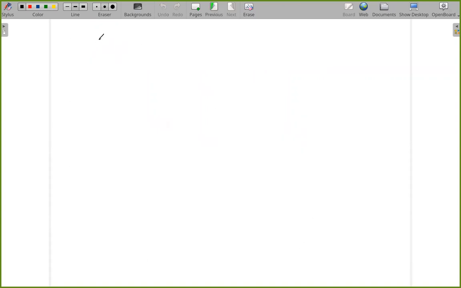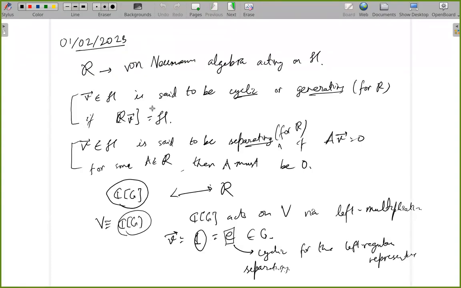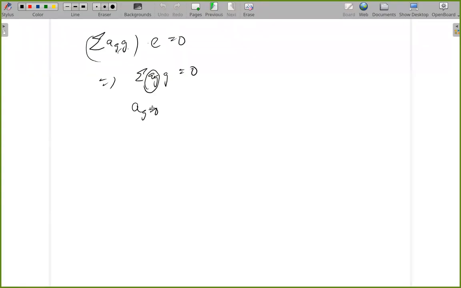If AV is 0, that means you have a summation of a_g times g equal to 0, right? So it is literally saying that g multiplied with E will give you g. So it's just saying this is 0, which means all these coefficients must be 0. So it's a straightforward fact. So for the left regular representation, you have a very natural choice of a cyclic and separating vector.